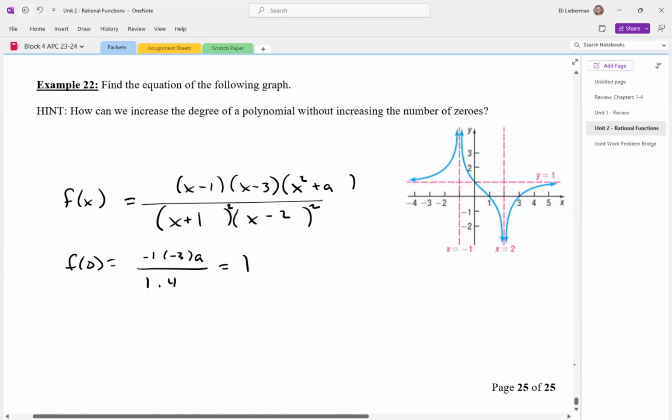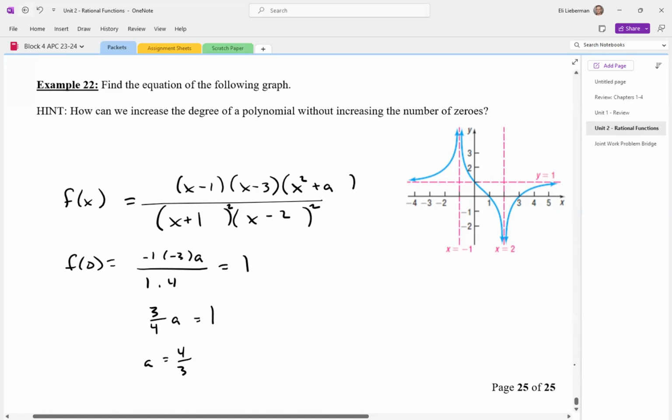So this time I put 0 again. Now that we have this, set that equal to 1. So for a, 3/4 a equals 1, so a equals 4/3.